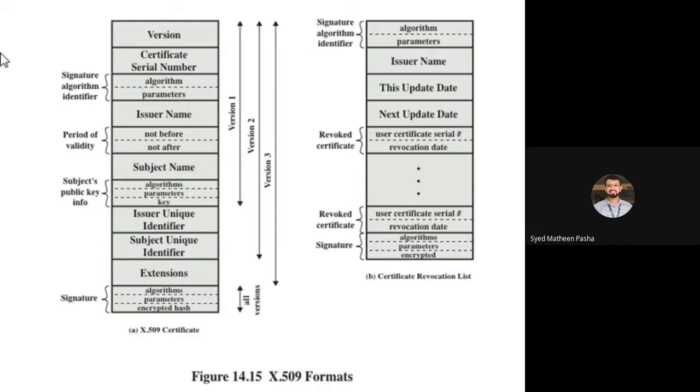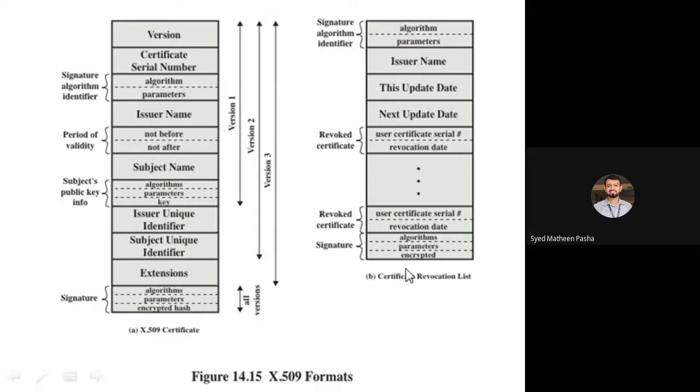That is, not before and not after, specifying the usage of that particular certificate. Then the subject's public key information: algorithm, parameters, as well as the key should be specified. Then coming to the signature, you can see three different parts you should specify: algorithm, parameters, as well as the encrypted hash, which depends on what kind of version you are using. So this is how the X509 certificate looks, and you should specify this with respect to the elements of the X509 certificate.